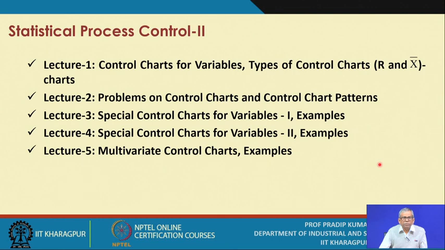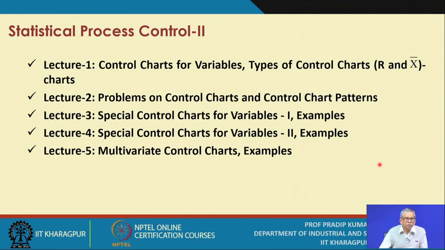In the next lecture, I will discuss the problems on the control charts and the control chart patterns. Third lecture, there are many special control charts for variables, and with examples I will discuss.